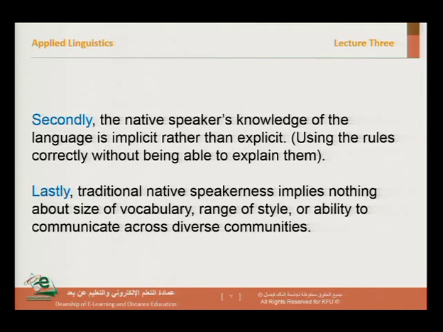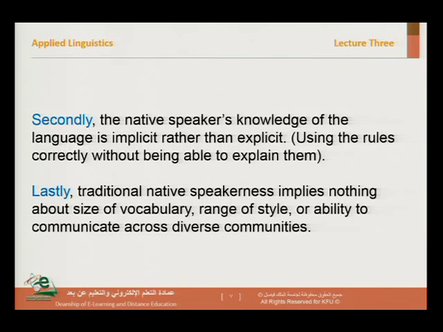Native speakers, as we said about expertise, can tell you, well, this is correct, this is not correct, this is acceptable, this is not so. But I don't know why. For example, the Queen shall arrive, the Queen will arrive, but most native speakers won't be able to tell you the difference between shall and will.